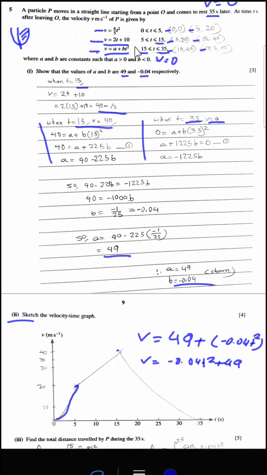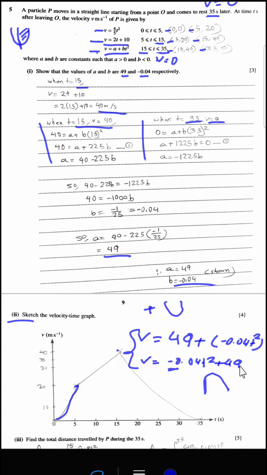Then for the third equation, that is v is equal to a plus bt square, the third equation is here, that is v is equal to minus 0.04 t square plus 49. For this expression, as we can see, this is also a quadratic equation, but we have a negative t square. That means we have a maximum point. For the positive t square, we would have a minimum point.